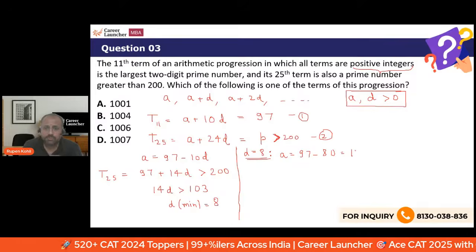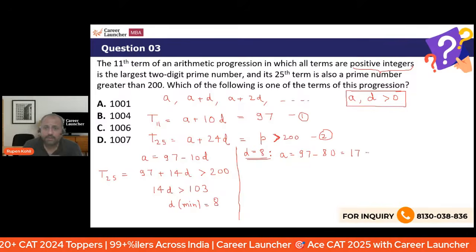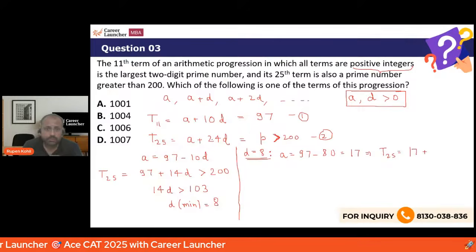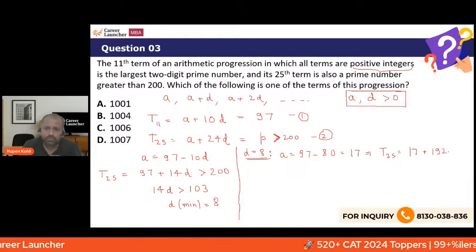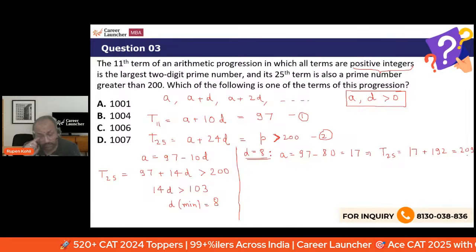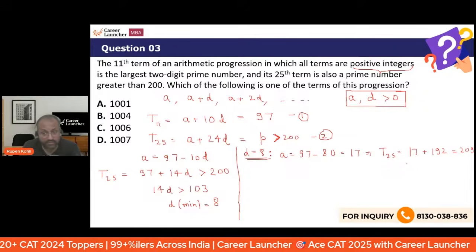So the first term becomes 17, which means the 25th term is 17 plus 24 into 8, which is 192. So 192 and 17 is 209.